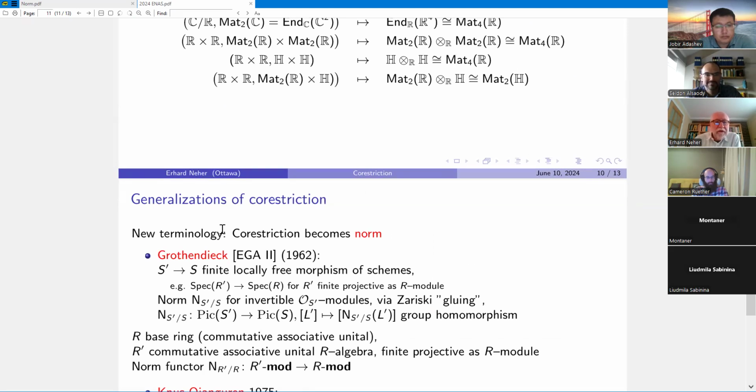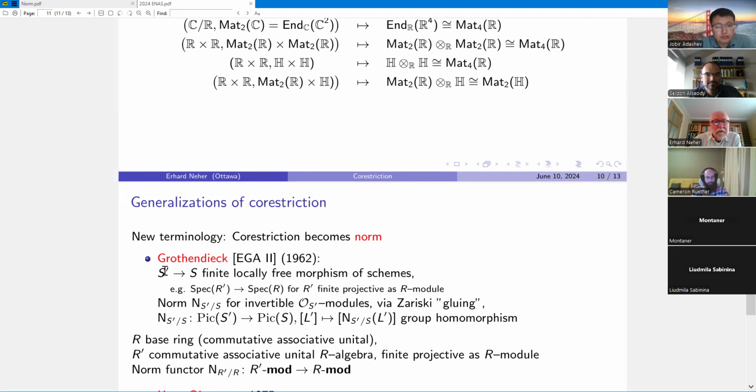And he looked at finite locally free morphisms of schemes. So for example, if S prime and S are affine, then this means just that you have a map from Spec R prime to Spec R, where R prime is finite projective as an R-module.